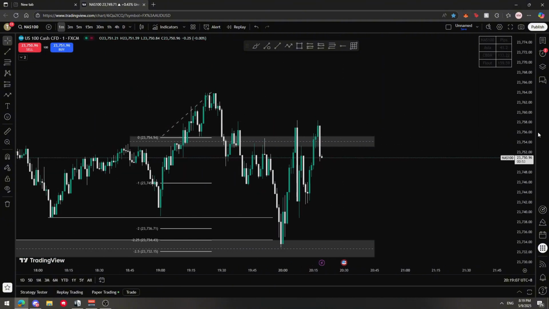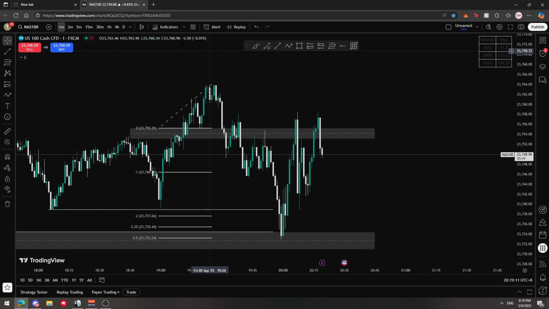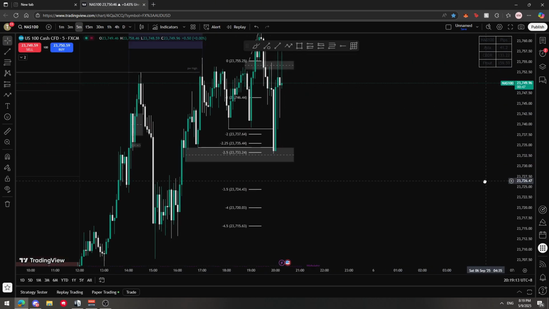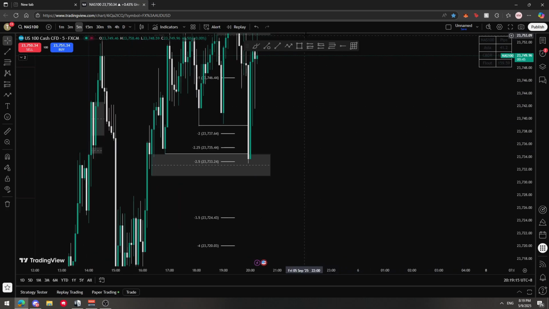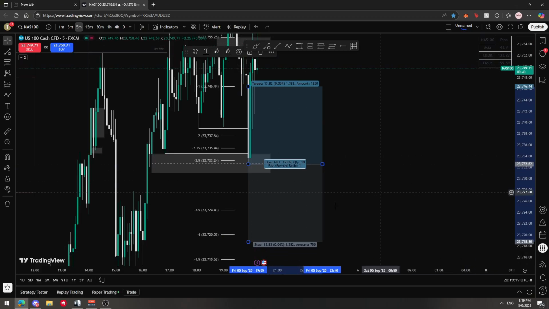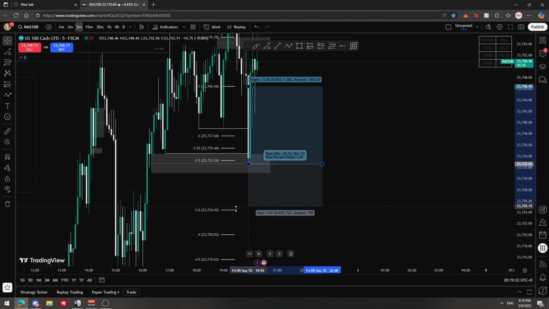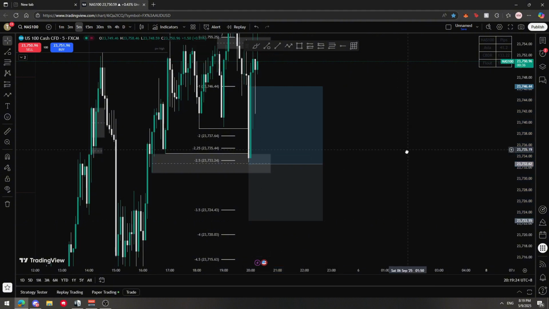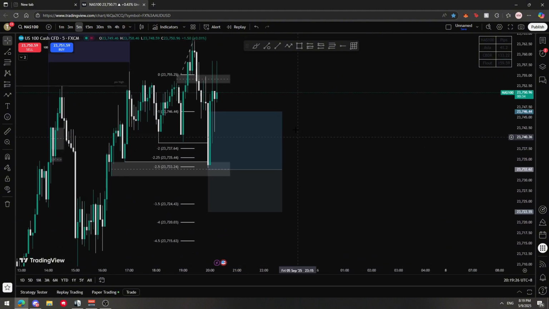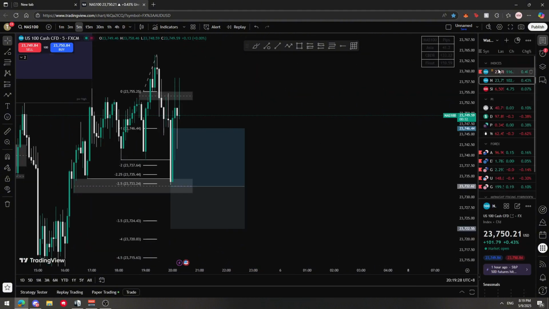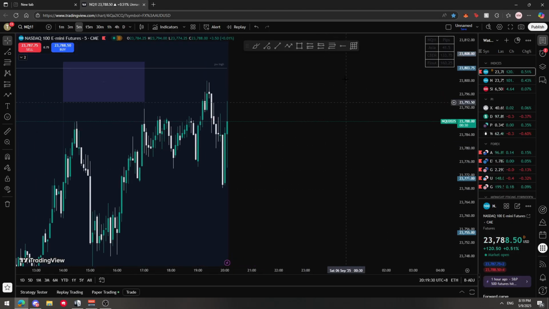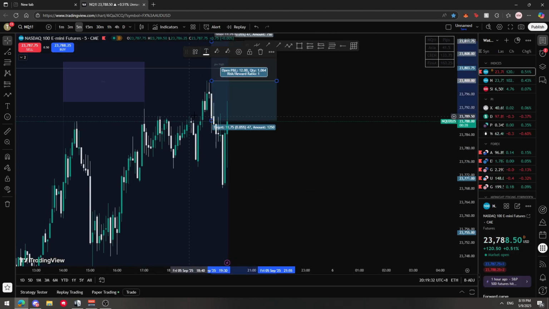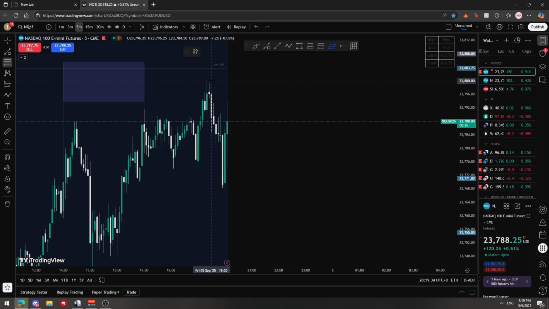Let's see. Yeah, I think this is somewhere around there. If you place your trade at the CE of this, you wouldn't have gotten filled. So that's one of the realities of trading. Sometimes you get edged, you know. Maybe it filled on NQ. Let's see if the 2 filled on NQ.